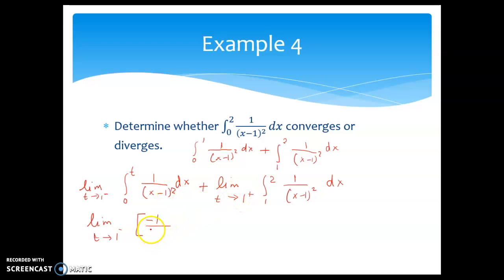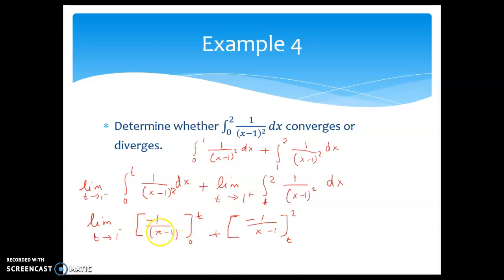We use substitution here from 0 to t. And for the other one, this is also t, so we get negative 1 over (x minus 1) from t to 2.